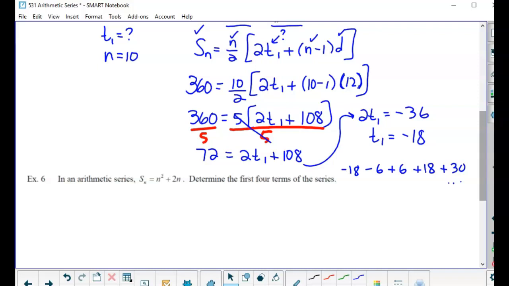Then the next one, you're actually given a formula for the sum of a series. Basically they've put the values in and simplified it. Just think about the form of this sum.